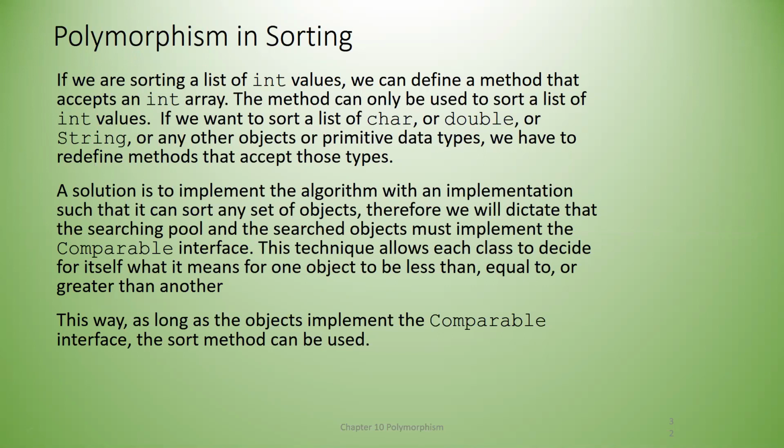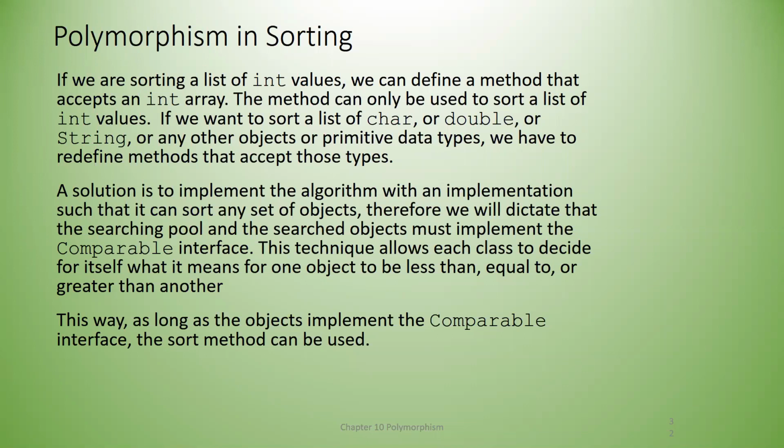What if you want to sort doubles? What if you want to sort students? What if you want to sort desks, computers, anything, right? Staff members, employees. How do you sort them? Do you need to provide an overloaded version for each type? That would be infeasible. It's impossible to do.